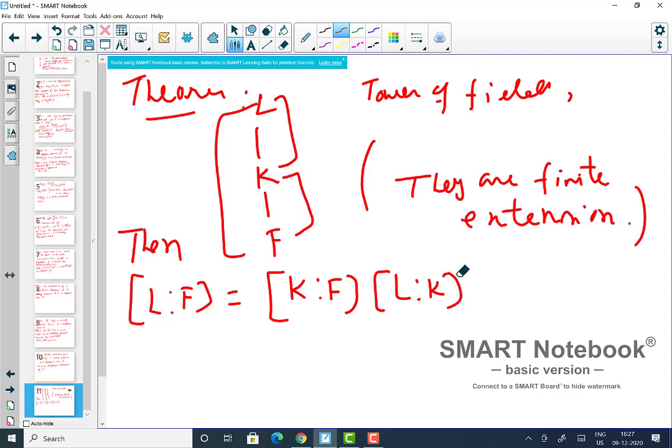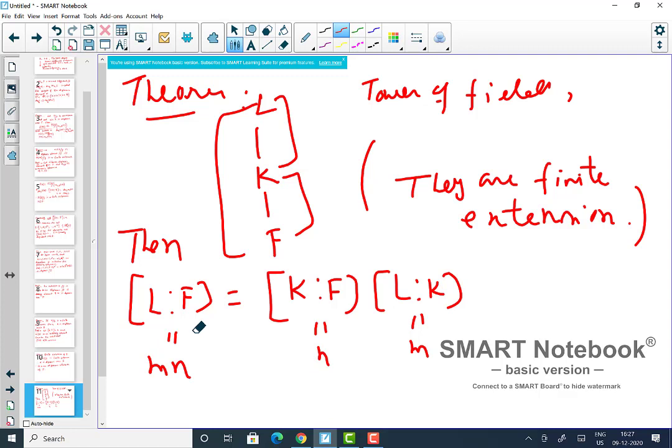Okay, this requires a proof. This is a very important theorem, and it requires a proper proof. So now how do we prove it? Maybe I can assume that this dimension is say m, and this is say n, and I will prove that this has to be mn.